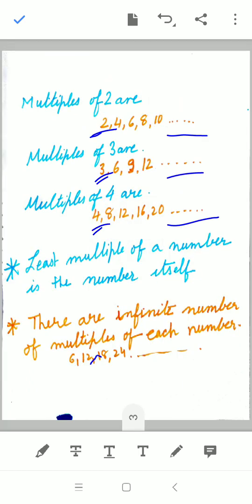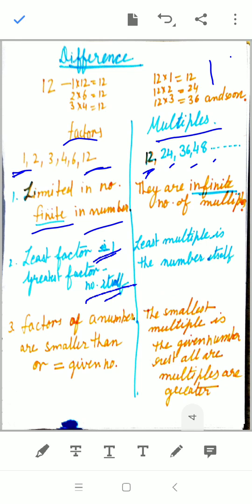Like 12, 24, 36, 48. The smallest multiple is 12, and all the rest of the multiples are greater than the number. So this is all about multiples and the difference between factors and multiples.